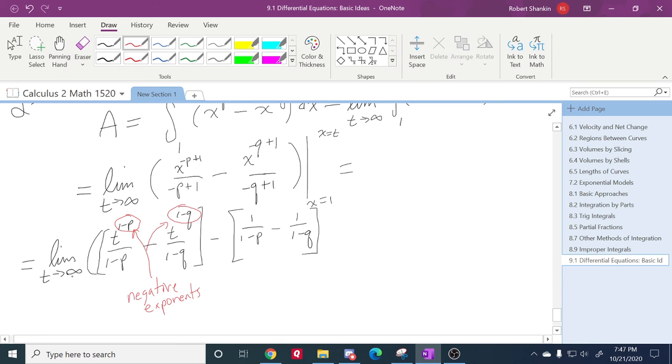So as t gets super large, this thing is really in the denominator. It's a negative exponent. And these are going to then drive to 0. So this fraction is going to be going to 0. And this fraction is going to be going to 0 because the t's are negative exponents.